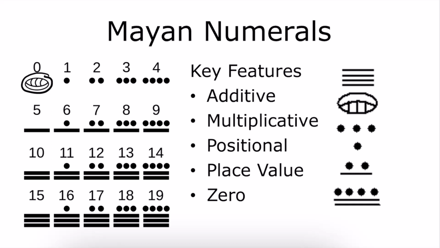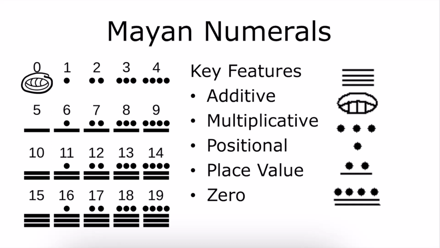And so the way that the Mayan numeral system works is dots represent 1s and lines represent 5s, which I'm guessing probably was related to the fact that we have 5 fingers on our hands. So they would use lines to represent 5s and then dots to represent 1s.